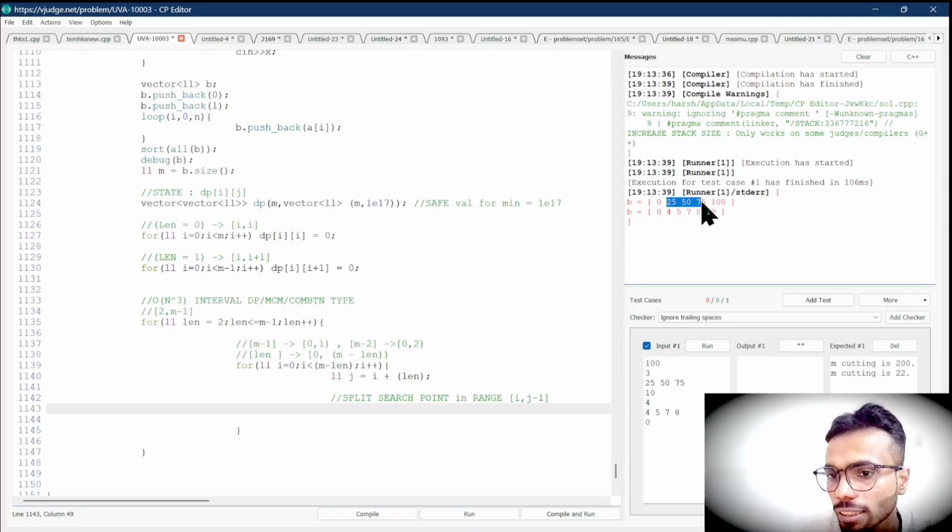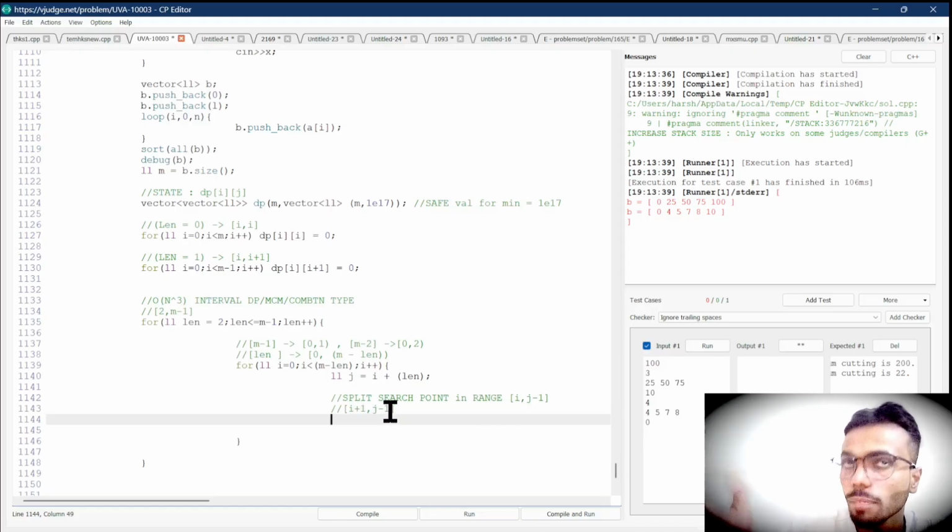Look at this, guys. I have given, let's say, this interval i to j, and I need to split this in two parts. So obviously, I will put the cut somewhere in the middle, either at this point or this point. So can I say that the actual split search point will always lie in the range i plus 1 to j minus 1, always the middle part?